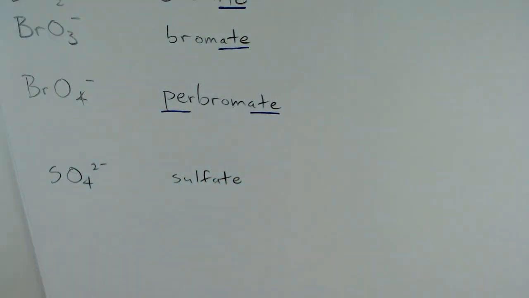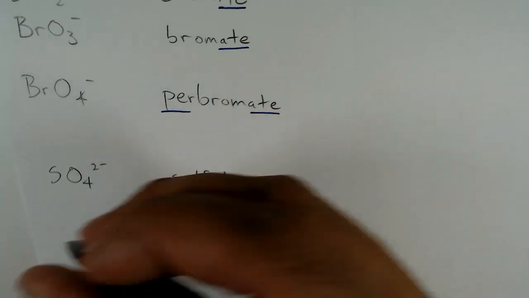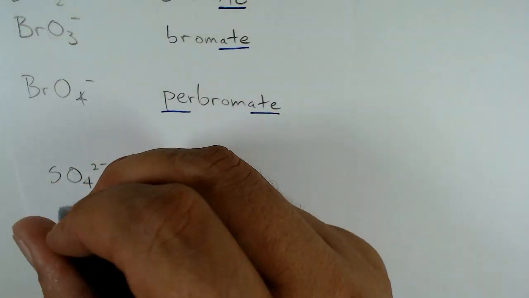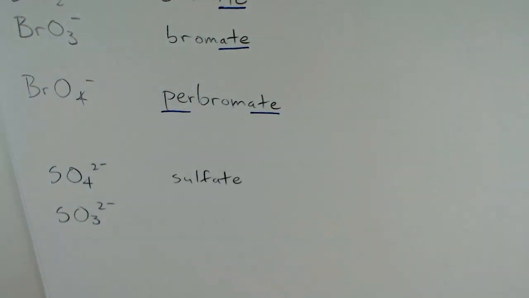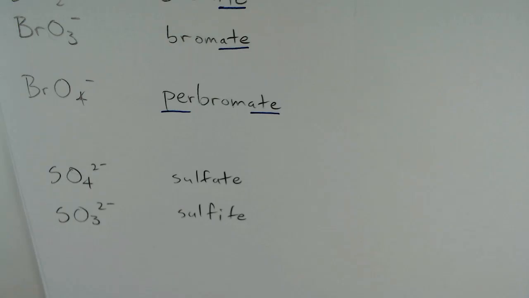The next one you're going to have to worry about is sulfite. And that has 1 less oxygen. So it's still following the same naming scheme. I would argue that a common mistake with this is a student seeing SO3, oh, it has 3 oxygens, that's sulfate. That's not the case. That's sulfite. So sulfate has 4, sulfite has 3.